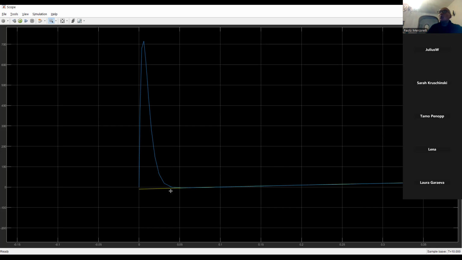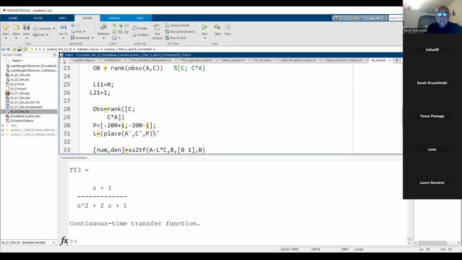But in order to show you the effect of L, let me place the eigenvalues smaller, even though negative, in order to slow down the estimation. Why do I need to slow down? It could be that this error at the beginning disturbs me for different reasons, because at the beginning I have a really wrong estimation.